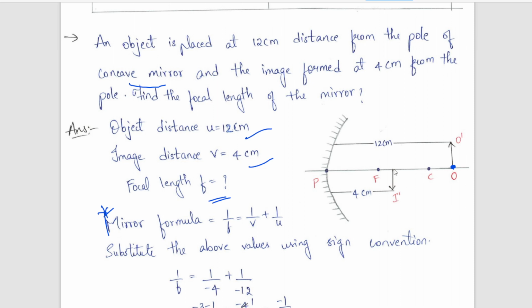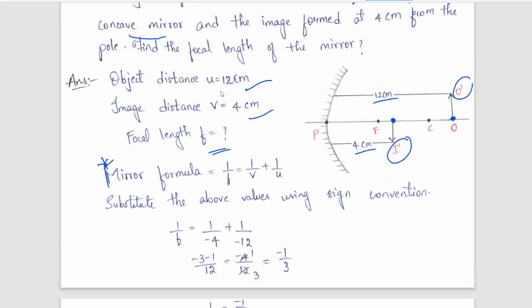So you have to locate 12 centimeters and 4 centimeters, and O dash is object and I dash is image. Now we have to substitute the values of object distance u and image distance v in this formula.